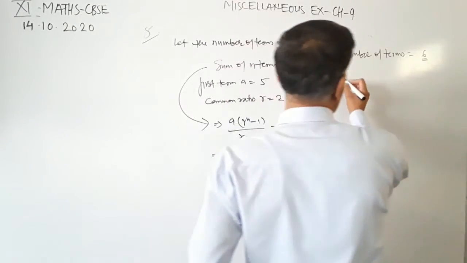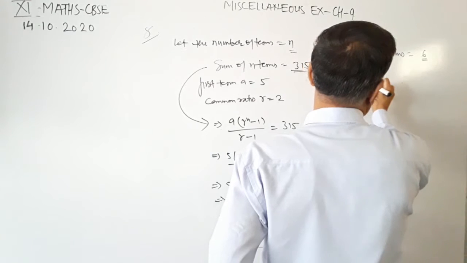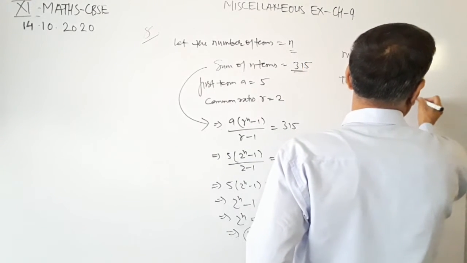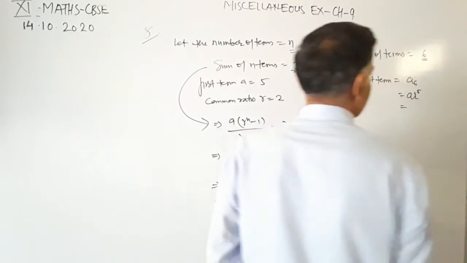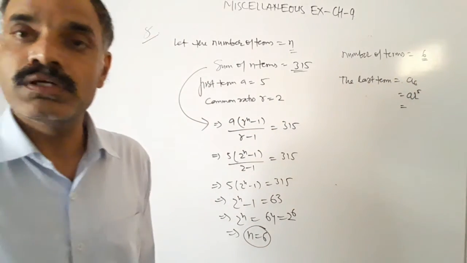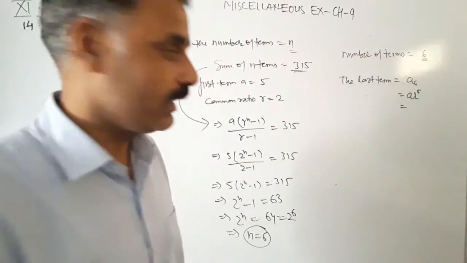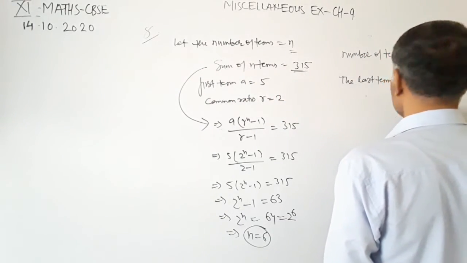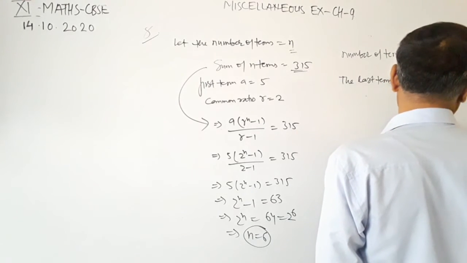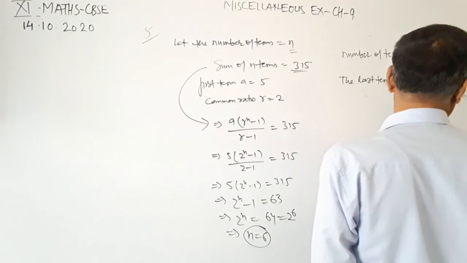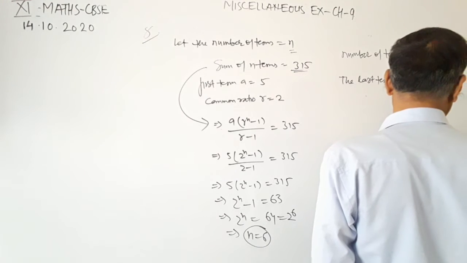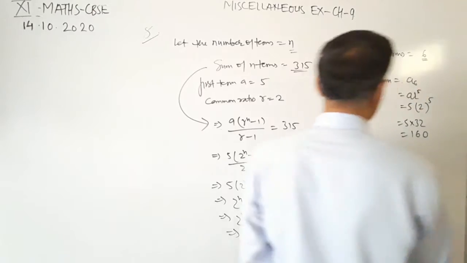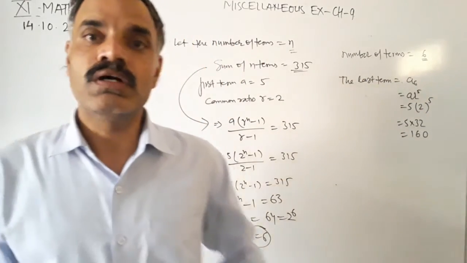The 6th term means a r to the power 5. a is 5 and r is 2 raised to the power 5. So 5 into 32 equals 160. So the last term is equal to 160.